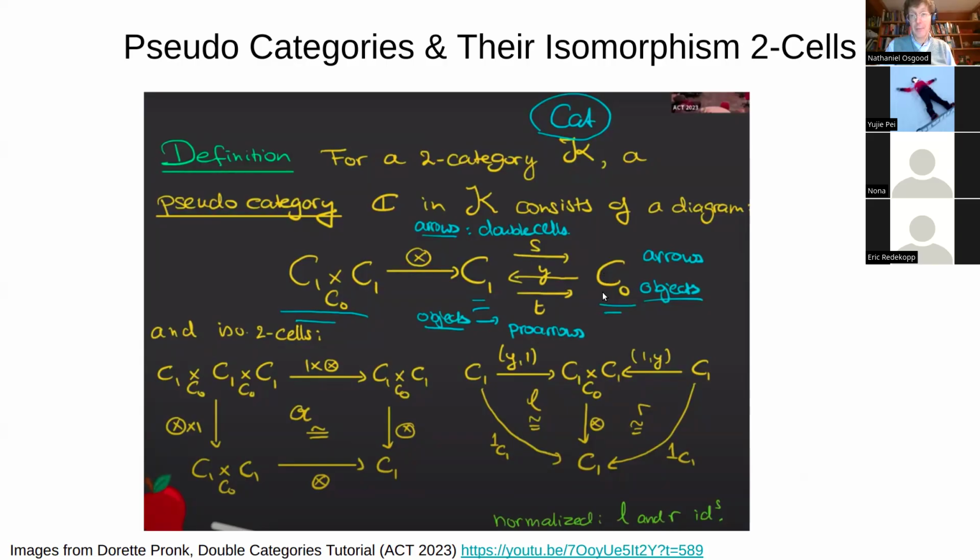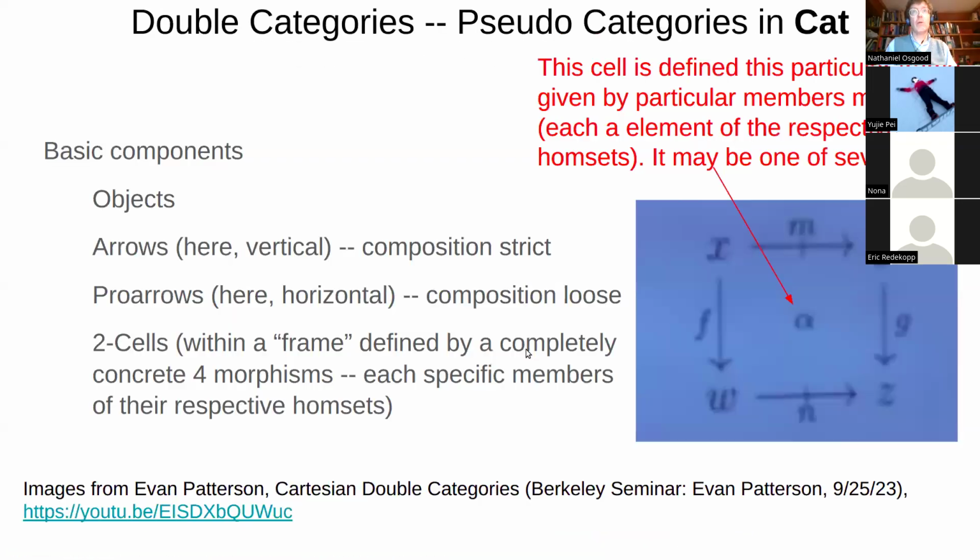Okay. So our double category has, instead of having a set of objects, a category of objects and arrows between them that compose, have associativity, have identities on each object. And then instead of having a set of morphisms, you have a category of morphisms. And the objects in that are the pro-arrows, these horizontal arrows.